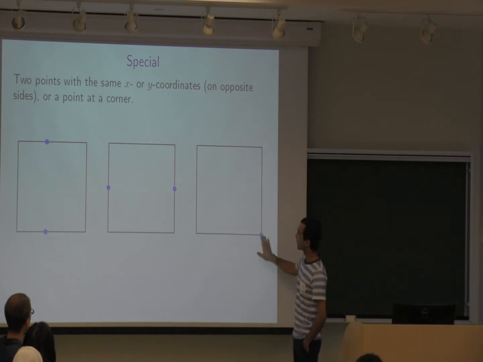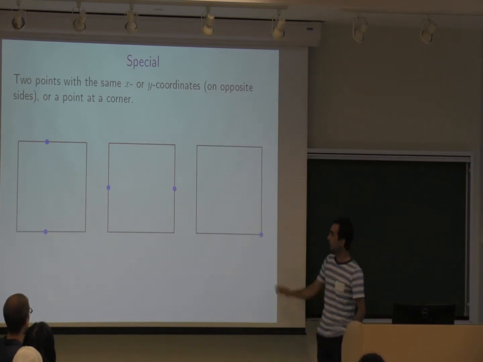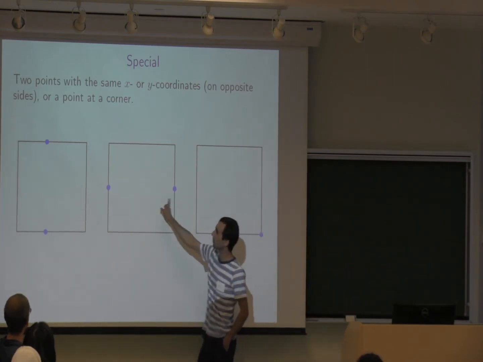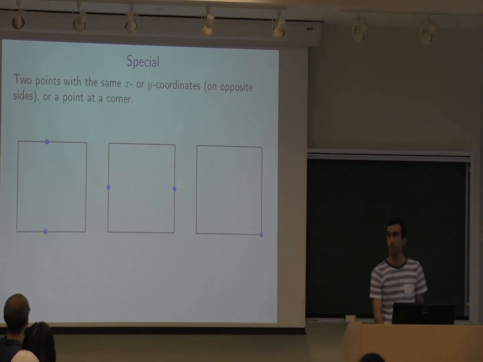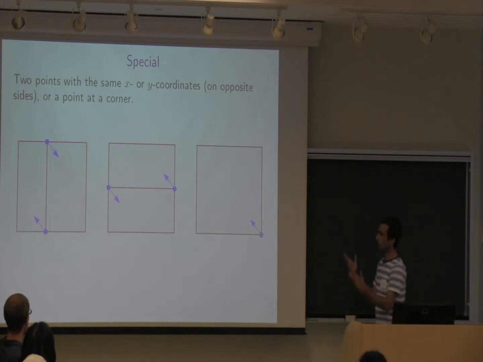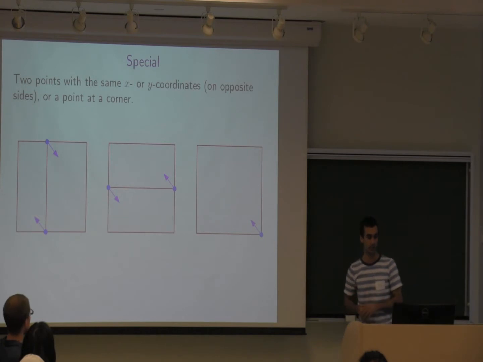First, if you have some points like this, either in a corner of the input square or two with the same y coordinate or x coordinate, then we can always cover the entire square with some n-chord rectangles like this. So those are special cases.